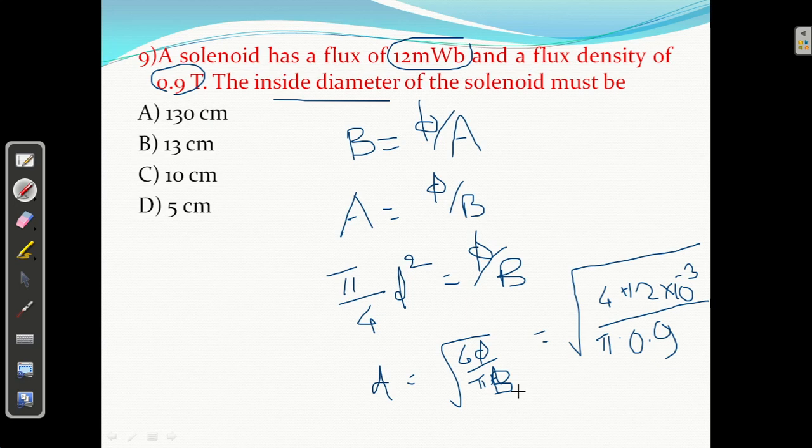Okay, so you can do it by using the calculator. 4 into 12 exponential minus 3 equal, divided by pi equal, divide by 0.9 equal, under root 0.13 meter, so 13 centimeter. Okay, so that is the answer. The correct answer is 13 centimeter.